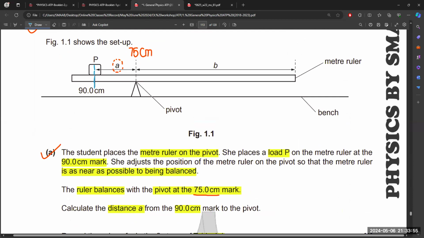So when we are reading the values, it might be difficult for us to locate the exact center of the load, so there is a chance of error.